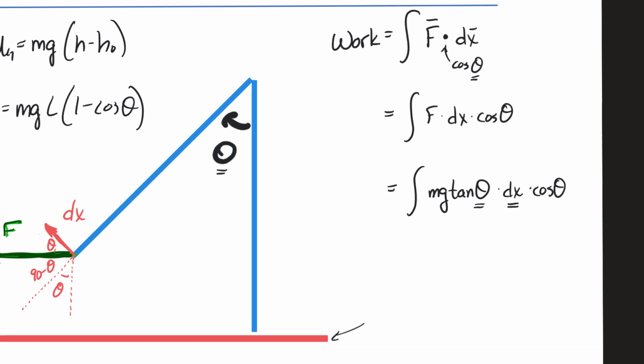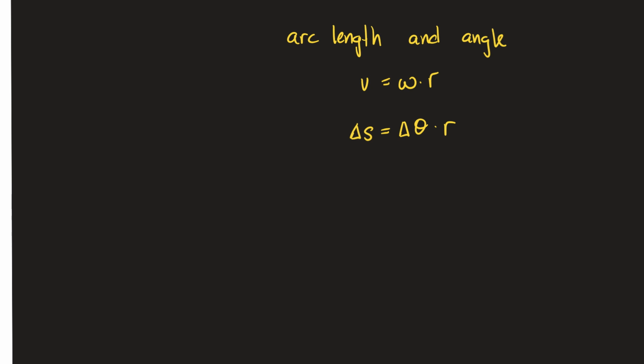And I'm going to remind you of something that I know is not a reminder because you won't remember that we talked about it. But we did. A long time ago, we talked about the relationship between arc length and angle. We did so in the service of showing that v equals omega times r. Do you remember that a while ago? Good. Because what we said was a change in arc length equaled a change in angle times r. And we use traditionally s for arc length.